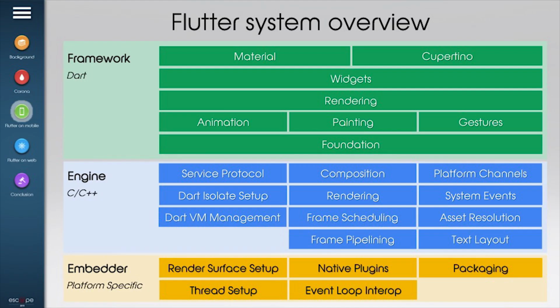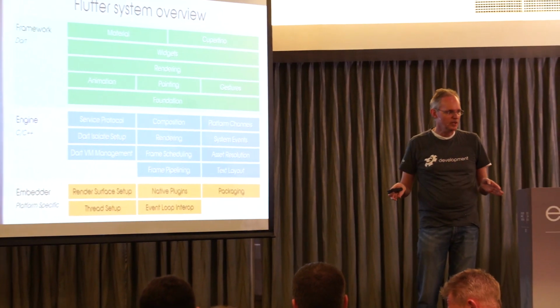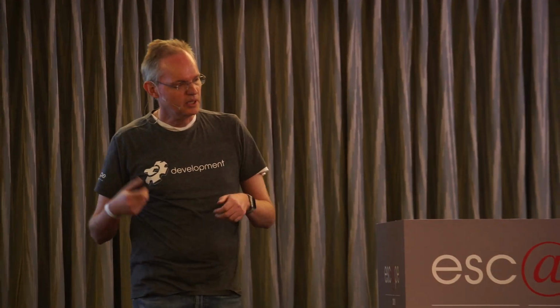The architecture of Flutter is as follows. If you want to, you can use the material and the Cupertino libraries if you want to have controls that look like the operating system, or you can just build your own widgets. Those widgets then sit on a rendering engine, and the rendering engine allows for the ability to do animations and to do the actual painting, as well as responding to gestures, so that's where the user interacts with your application.